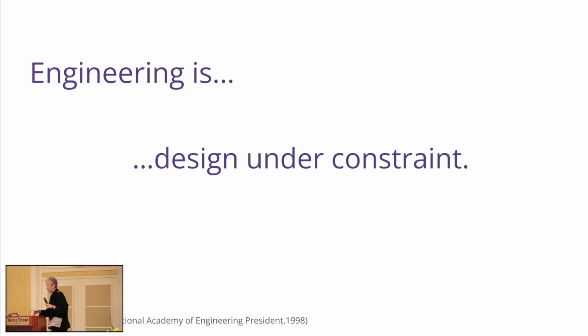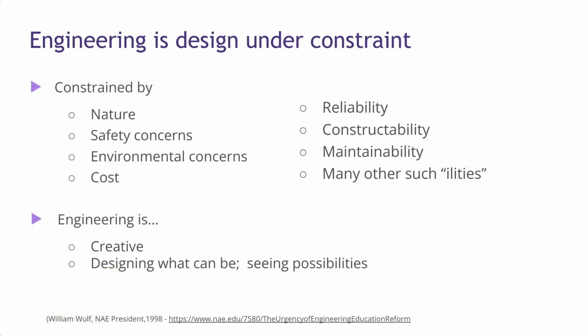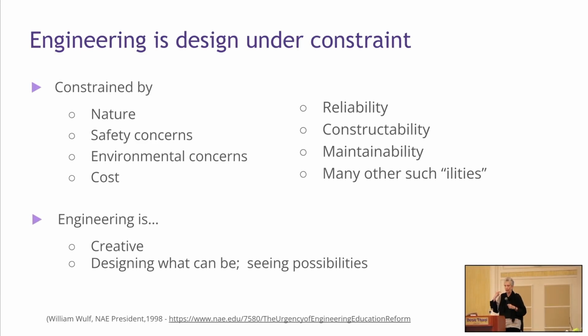He goes on to elaborate on all those constraints. We know about constraints. We're constrained by nature, safety, environmental concerns, cost, and a lot of what he calls the illities: maintainability, constructability, reliability. But he also talks about engineering as being creative, about designing what can be, about seeing possibilities.